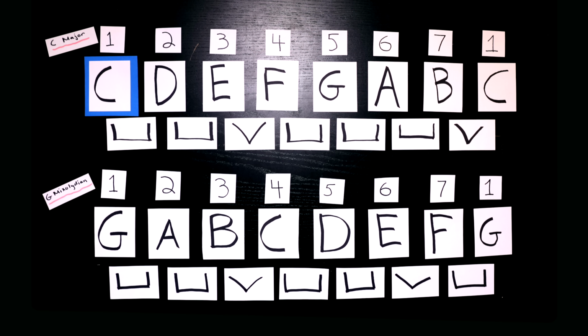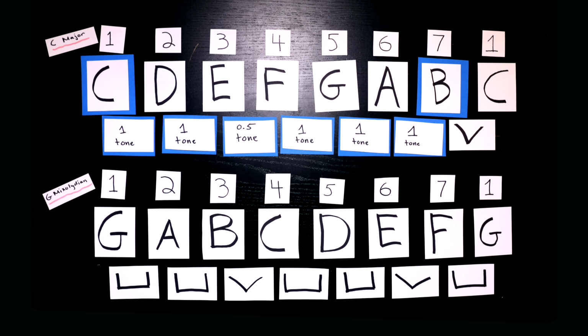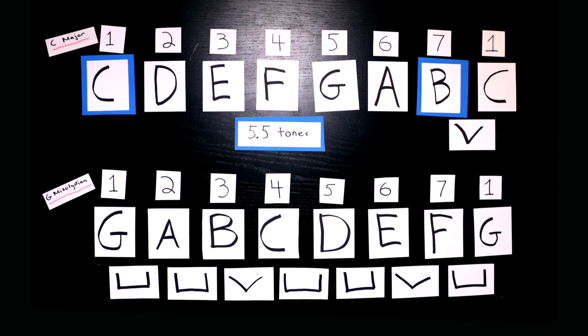And again, what we're doing here is looking at how the spacings within these sets of notes compare to each other. If we were to measure it out from the first note to the seventh note in the major scale, we would see that the entire spacing there is 5 whole tones, 1 semitone, which is 5.5 tones in total.